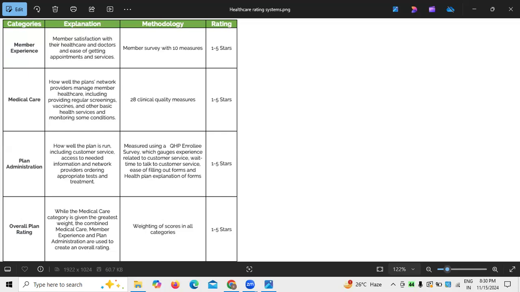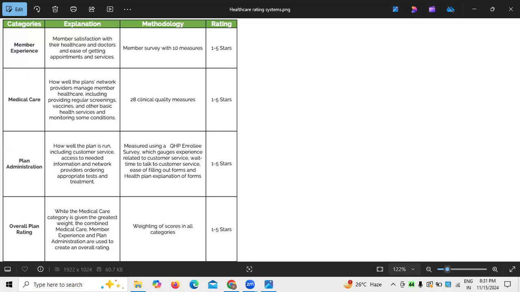First of all, we need to understand how this is important, because the major goal of the quality rating system is to increase transparency and encourage competition by providing comparative information for consumers.